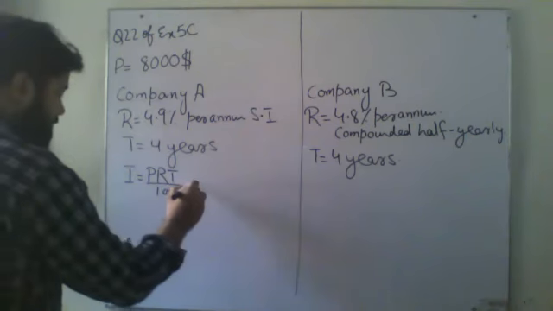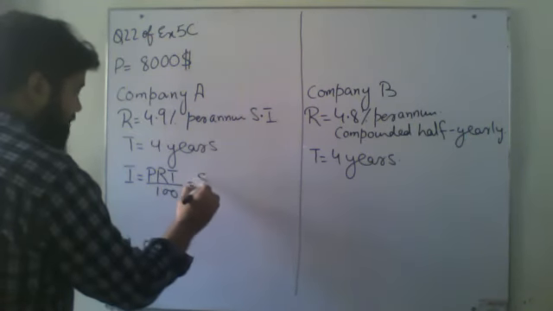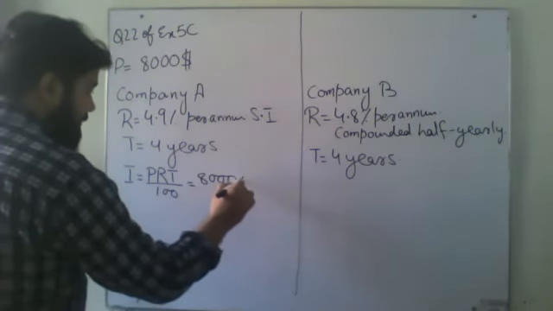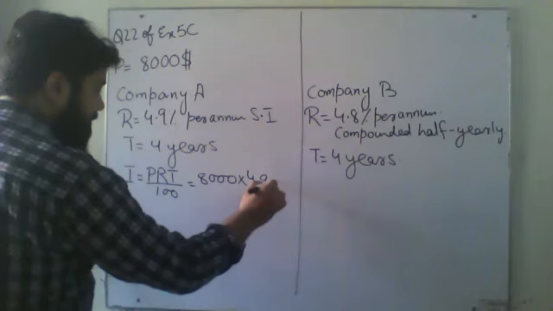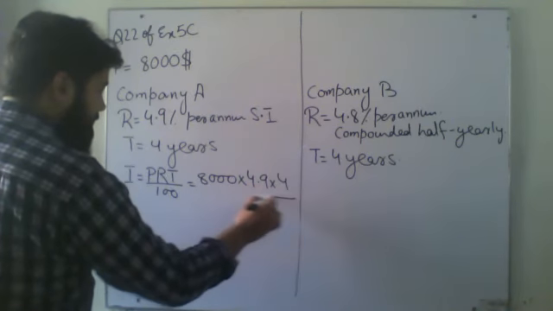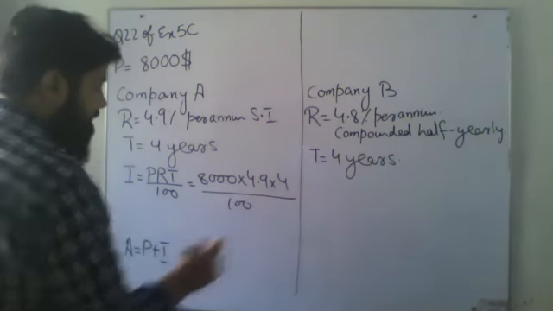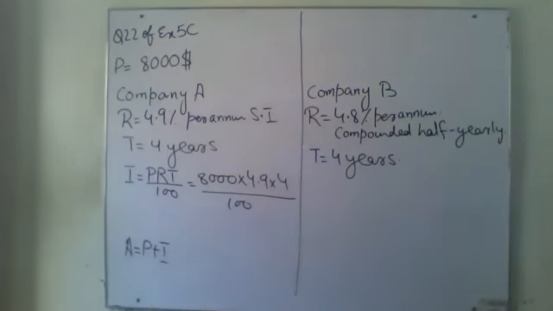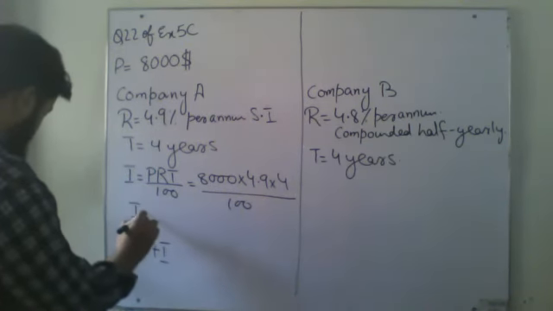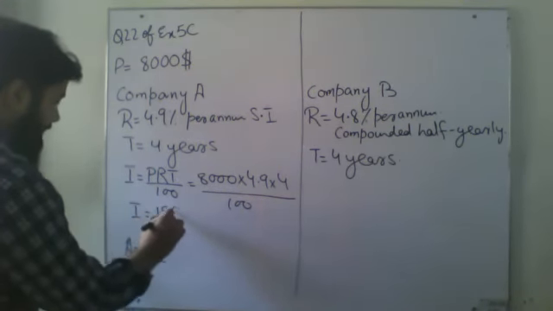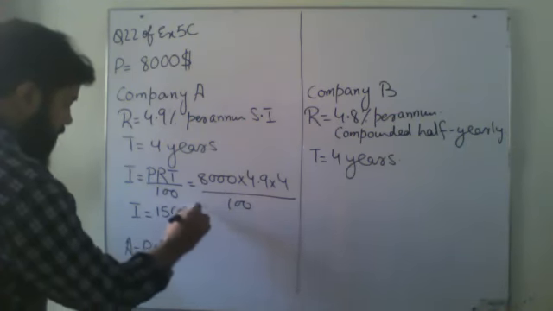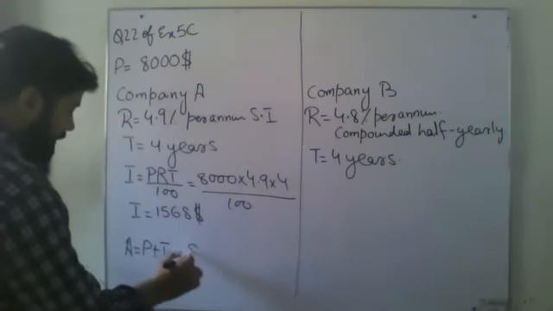So plugging in values: 8,000, R is 4.9, time is 4 years, divided by 100. Solving it using the calculator, the interest is coming $1,568.